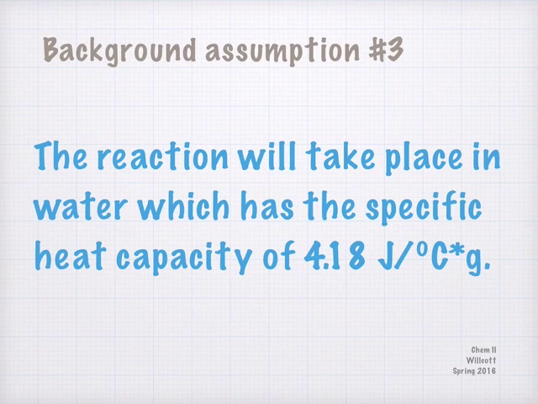Okay, and then background assumption number 3, which holds true for our particular experiment but would not be true in all cases, is that we're going to place this in water. If we are using water, it would always have a known specific heat capacity of 4.18 joules per degree Celsius times gram.